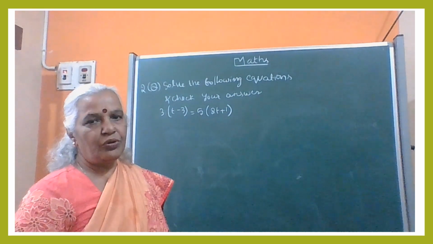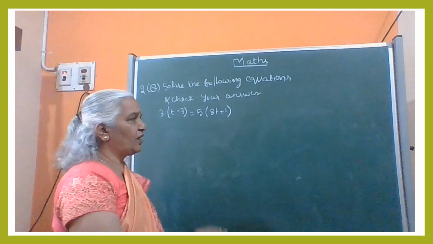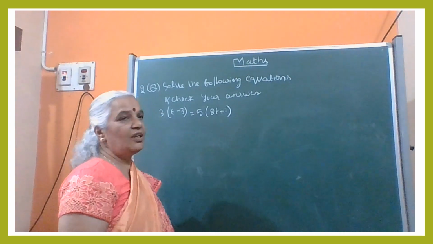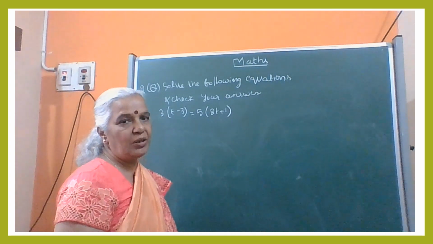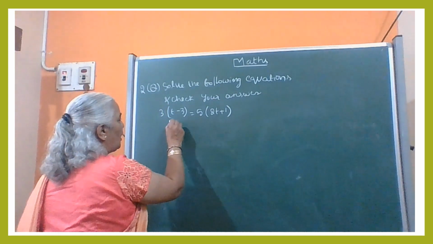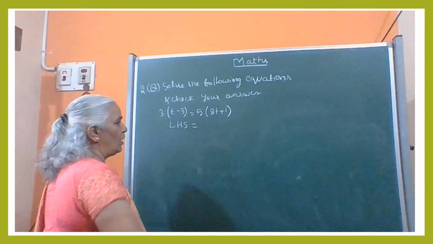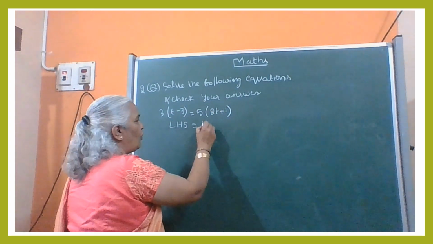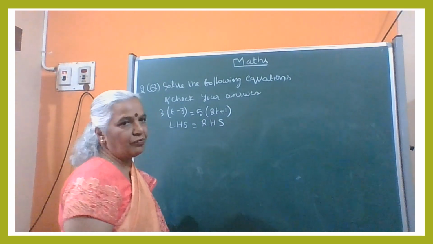Now one more question from the textbook. Here there is a bracket, that is 3 into t minus 3 is equal to 5 into 2t plus 1. Now the first step is to write the left hand side and the right hand side of the equal to.